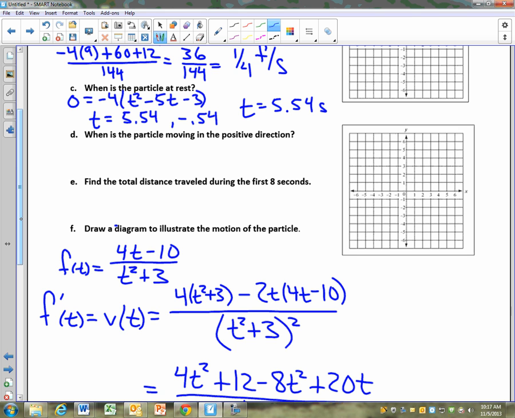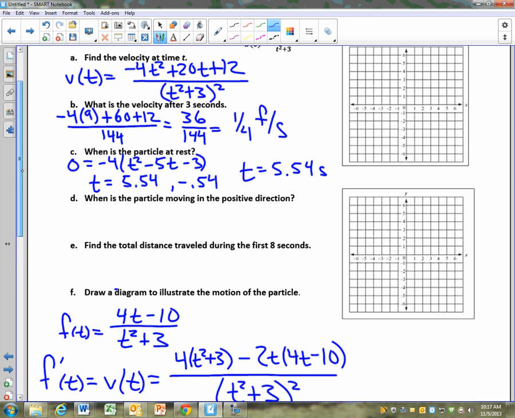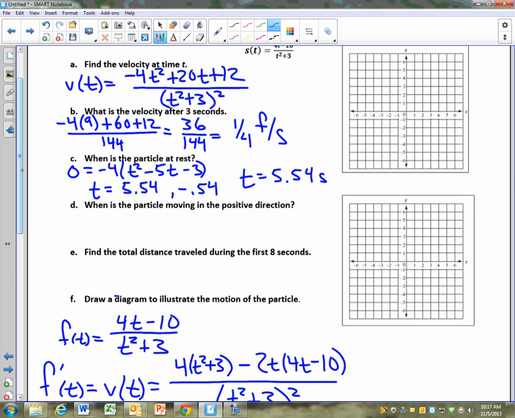When is the particle moving in the positive direction? Let's think about this, you guys. Would you agree that the particle is moving in the positive direction when the derivative is positive? Would you agree that the derivative is positive whenever the top is positive?